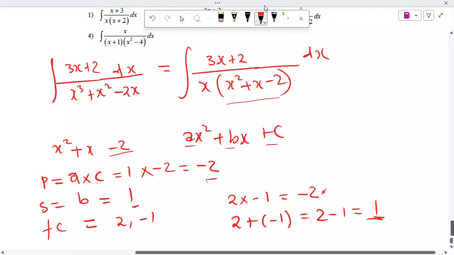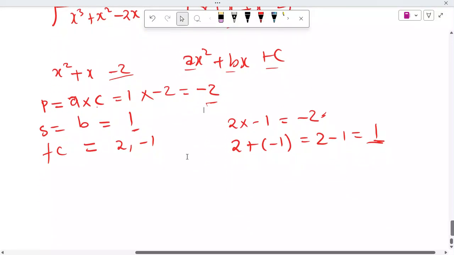This is not part of the question, you guys should just know. So you have x squared plus x minus 2. We'll substitute where there is b, we put these values.